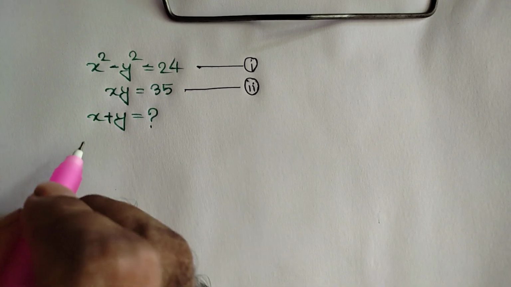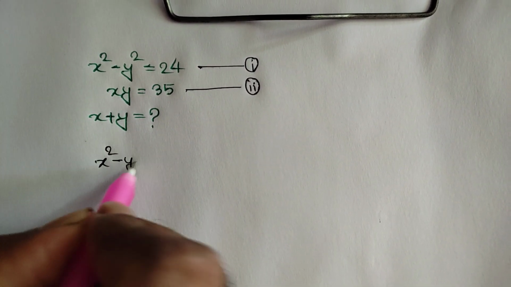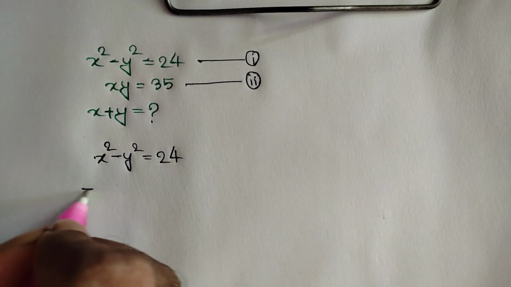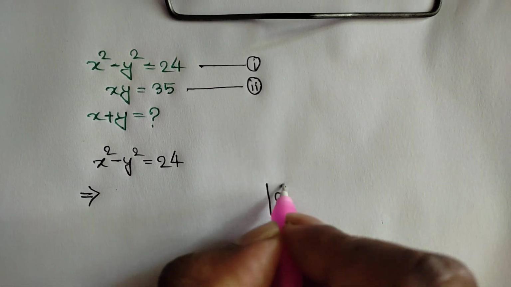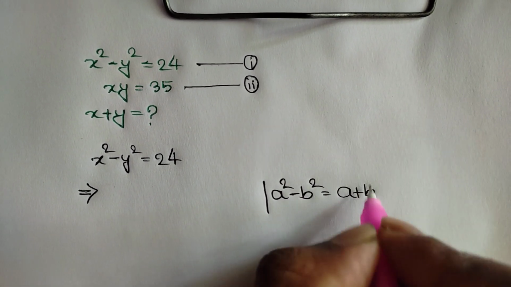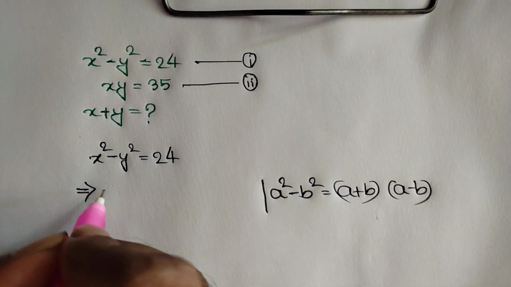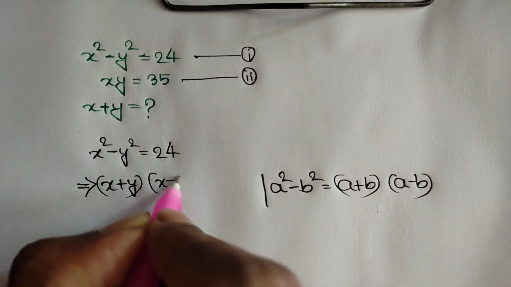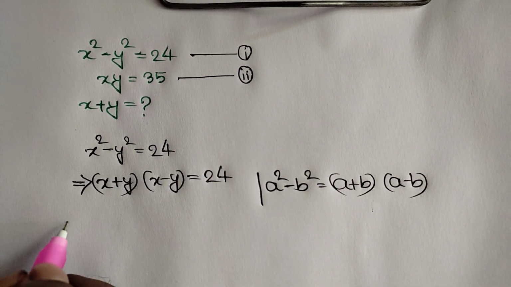Now from equation number 1 we can write x square minus y square is equal to 24, or we know a square minus b square is equal to a plus b times a minus b. So we can write x plus y times x minus y is equal to 24.